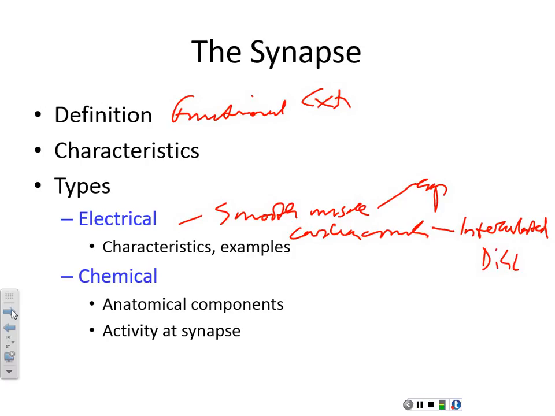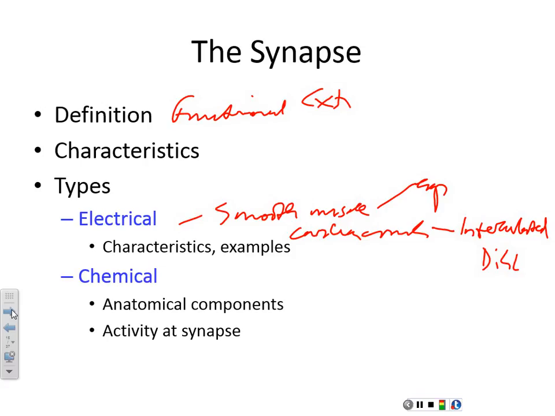And then the chemical, that's the one that's the most common. It sends a chemical across the gap, which we call the synaptic cleft, and then it attaches to a ligand-gated channel. Remember, a ligand-gated channel will open when something attaches to it. Acetylcholine is a neurotransmitter that's usually used, and it controls muscles.